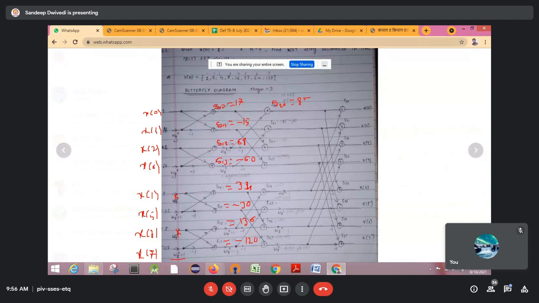This is 85. Then the S21, for this input will be S13 plus S11, so this will be minus 15 and minus 60.